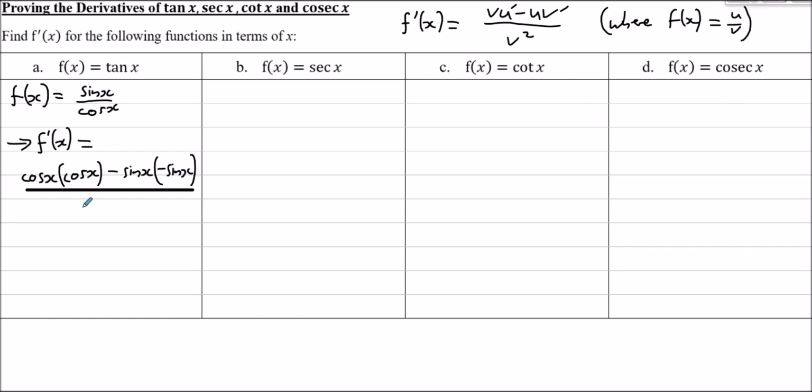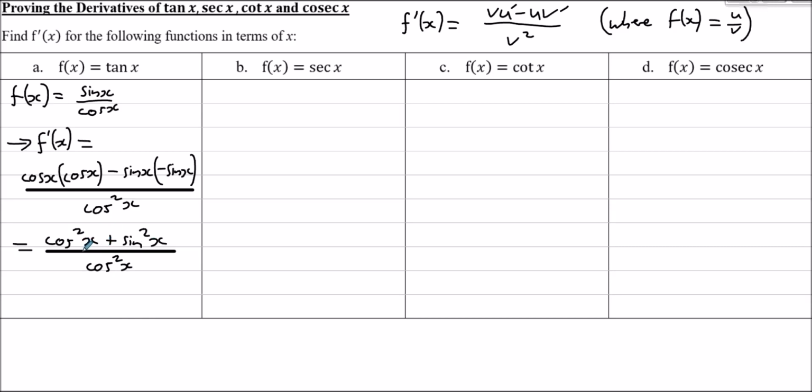The denominator of tan is cos, so that's going to be divided by cos x squared, or cos squared x if you'd like. So the top, cos x times cos x is cos squared x. Minus sine times minus sine is going to be positive sine squared x, all divided by cos squared. Now, the top should have you thinking of a very basic year 12 trig identity.